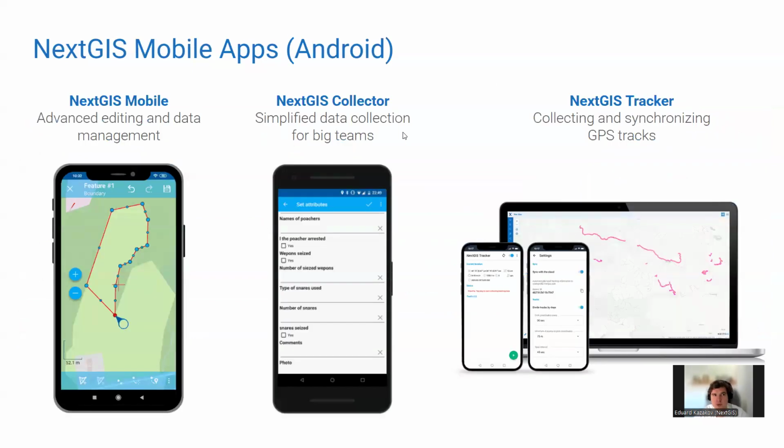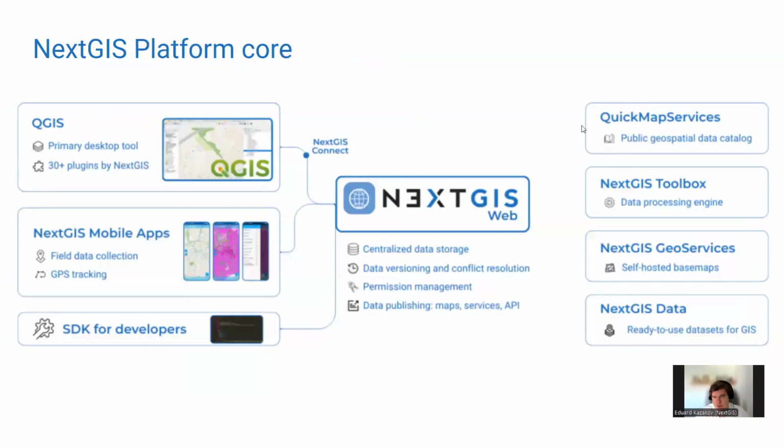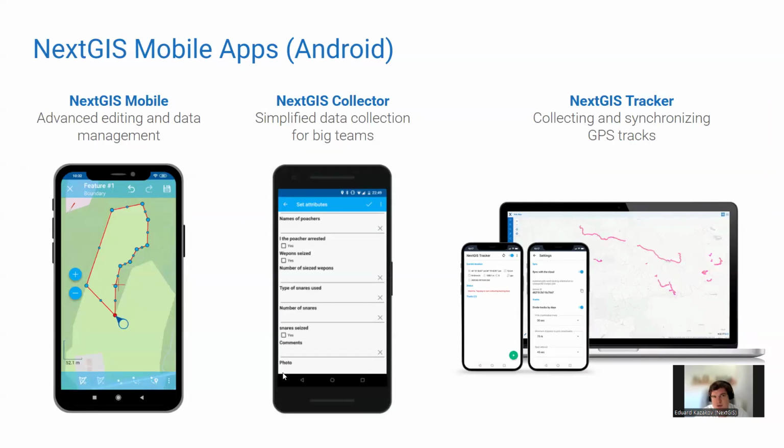Today we're going to talk about NextGIS Mobile apps. You can find our previous webinars covering, for example, the NextGIS Web server. In this webinar, we are going to look at 3 NextGIS mobile applications. We will go through NextGIS Mobile, the primary, the main mobile application we develop, ensuring advanced editing and data management in the field.